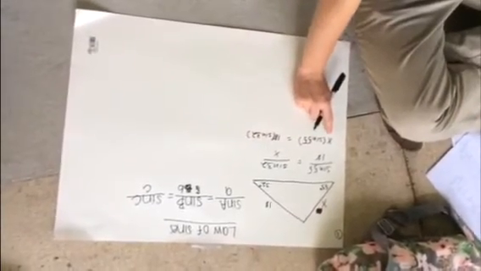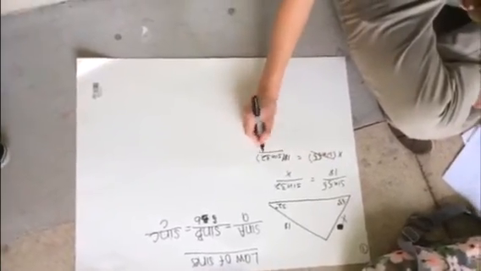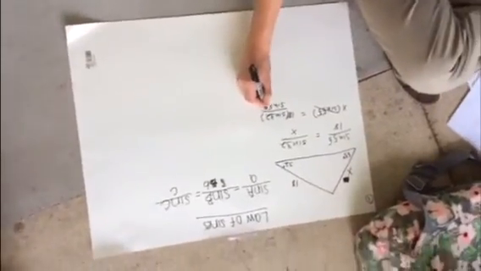Since you need to get x by itself, you would divide by sine 55 on this side to get the x isolated.